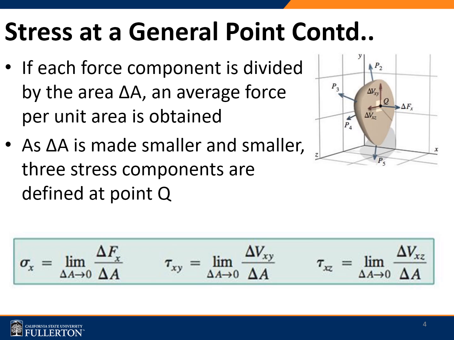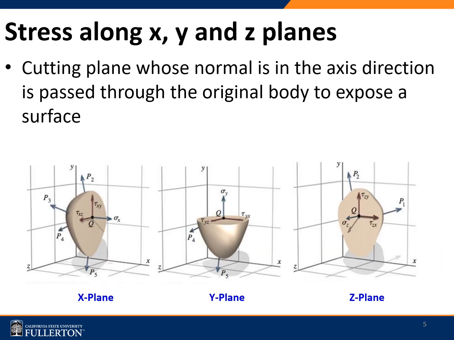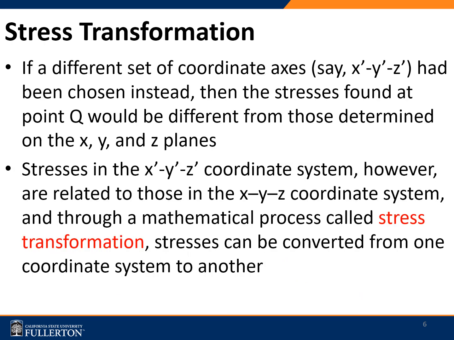We could have three stress components, the normal stress sigma x, which is delta Fx divided by delta A, and then we have the two shear components tau xy and tau xz, which are determined as a ratio of delta V over delta A, where delta V is a shear force. We could do the same thing for the other cutting planes, the x plane, the y plane, and the z plane, and we could get the corresponding stress components.